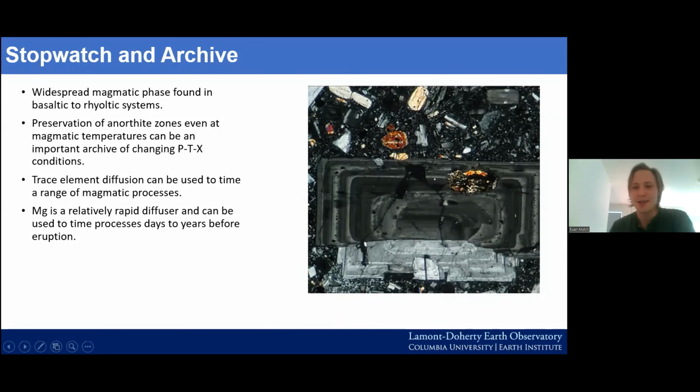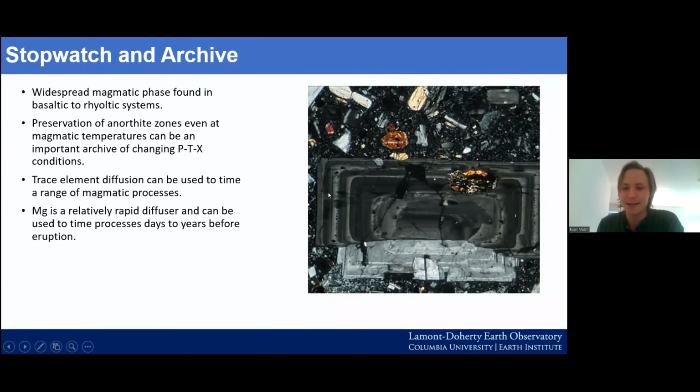Here we have this beautiful photomicrograph of a plagioclase with nice oscillatory zoning. The fact that this zoning is preserved even at magmatic temperatures, because the diffusivity of sodium, silicon, calcium, aluminum exchange is really slow even at high temperatures, means this mineral is a perfect archive for recording changes in pressure, temperature, and melt composition.